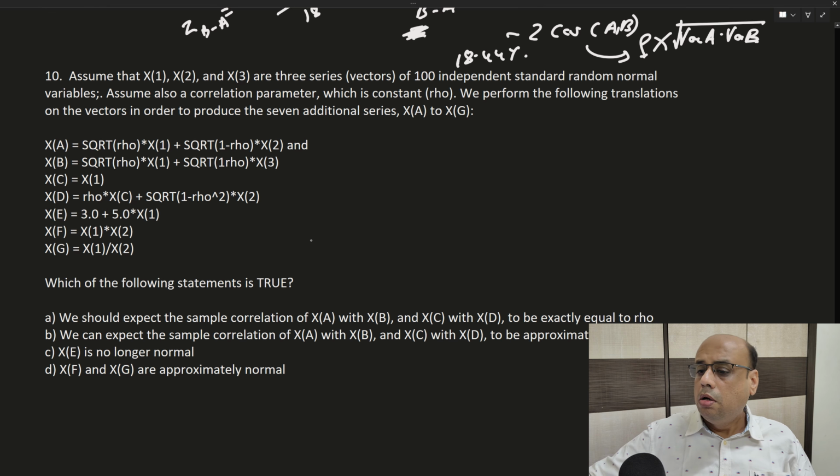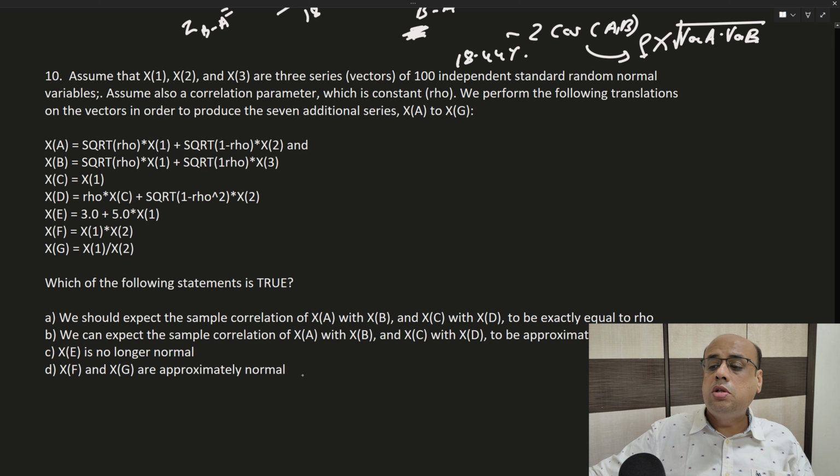Now let us straight away come to the options, right? We are saying xf and xg are... which of the following statements is true? So let us look at the false ones. Point D, xf and xg are approximately normal?